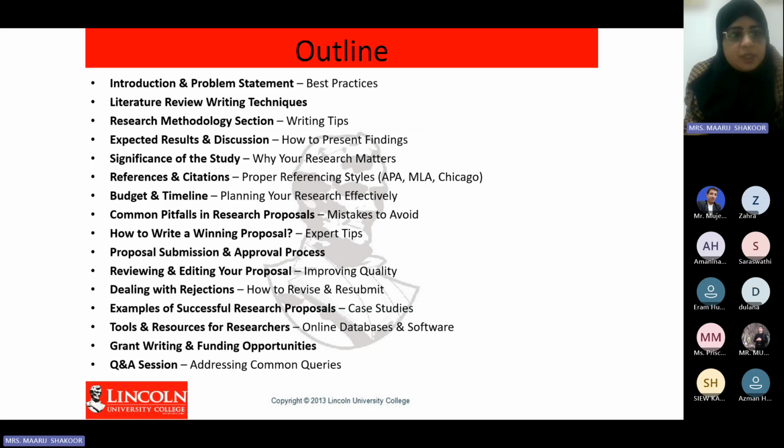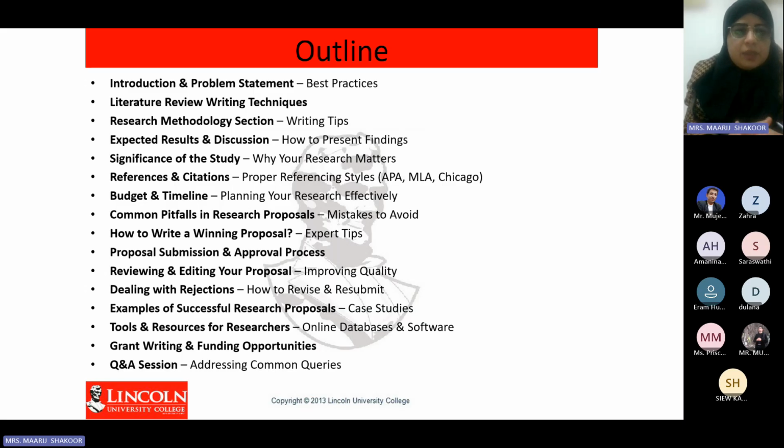Then problem statement, literature review, writing technique, research methodology section, expected results and discussion, significance of the study, references and citations. This is important, because if it is not there, then it is not considered ethical work, because it means there is something fishy there.